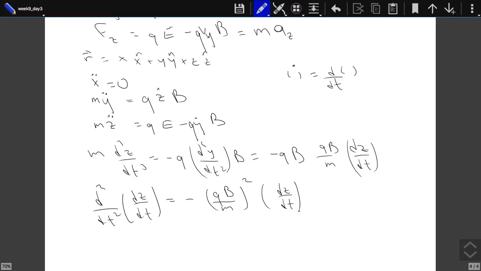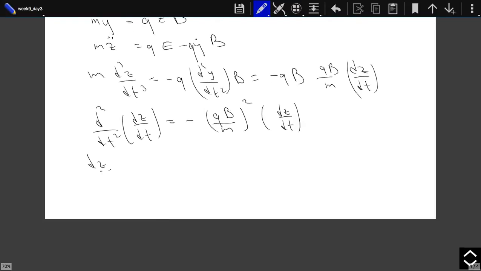So this basically tells me that the time derivative of z is such a function that its second time derivative is equal to itself with a negative constant. Well, that we already know from the harmonic oscillator. You should already remember this.